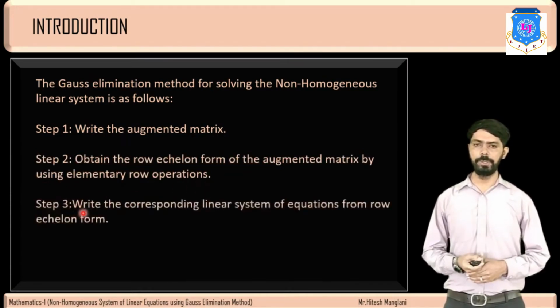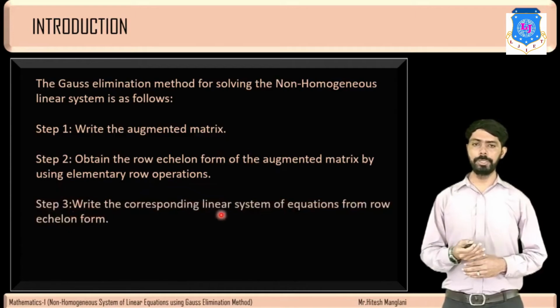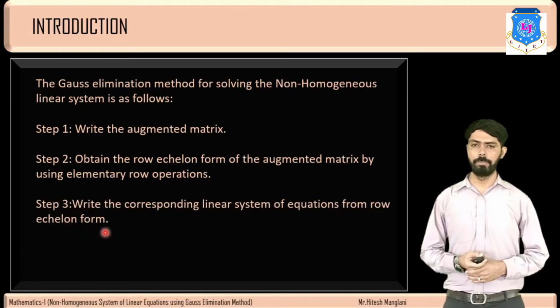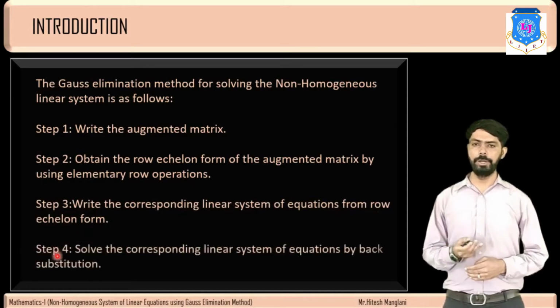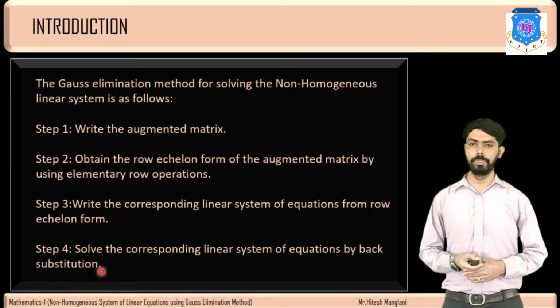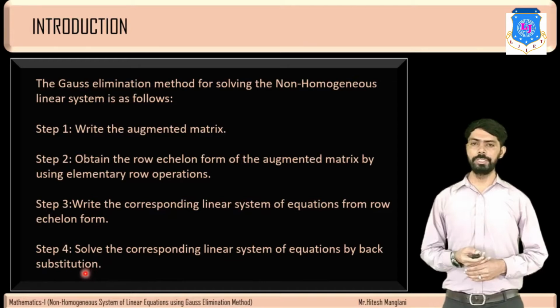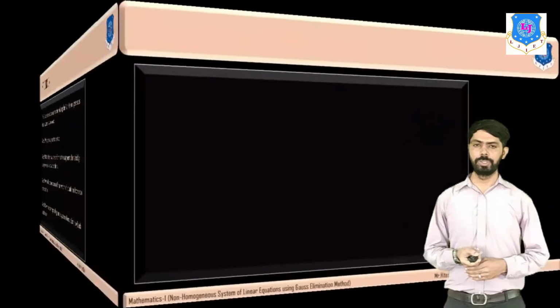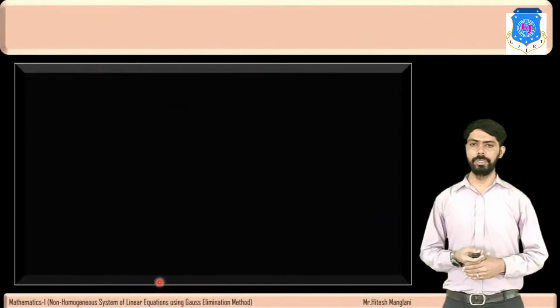Third step, write the corresponding linear system of equations from the row echelon form. And fourth step, solve the corresponding linear system of equations by back substitution. So we will apply these four steps in an example. This is how Gauss elimination method is applied.